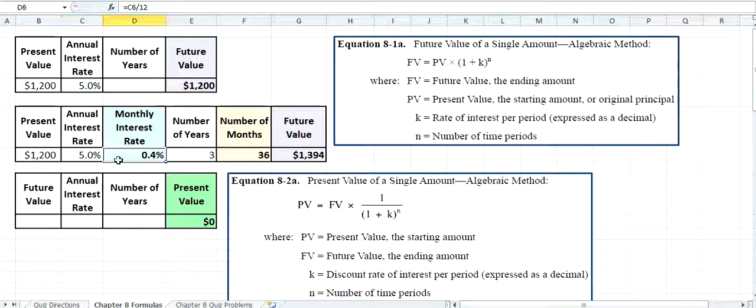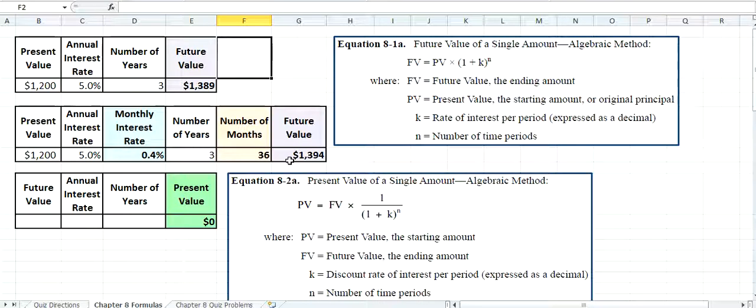And you can see that our future value, you can guess it's going to be a little bit lower because we're not compounding our interest as often. We're only doing it once a year versus once a month down here.